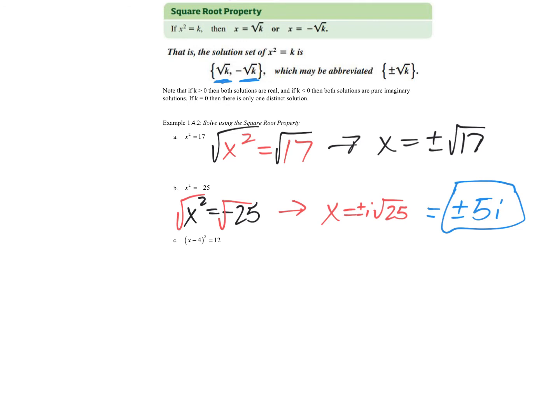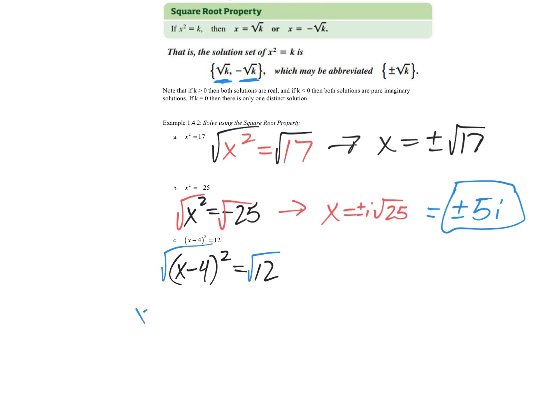Last one is a little more interesting. You'll see that it's not just x squared equals 12. We have x minus 4 squared is equal to 12. We're going to lead out with the same expression. We're going to say x minus 4 squared equals 12. And then we're going to do the same step of taking that square root of both sides.